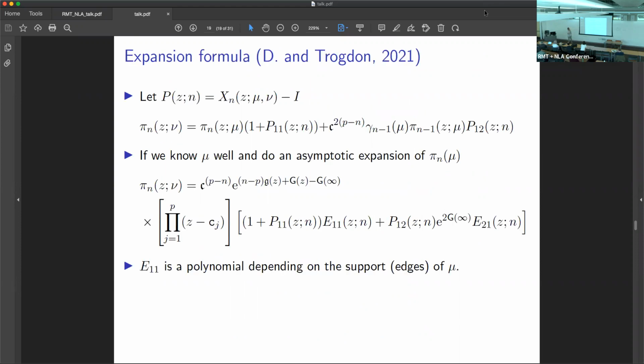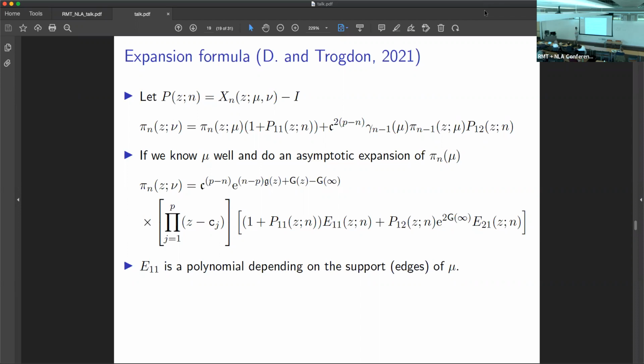Because these Y_N are directly related to the orthogonal polynomials, you can just write it down. This is a general formula, where the perturbed measure is close to mu, so you have an error here and also a higher order error. If you know mu very well, you can do an asymptotic expansion for the orthogonal polynomials associated with mu, and then get a nicer formula.